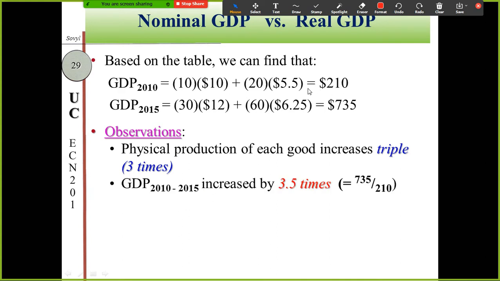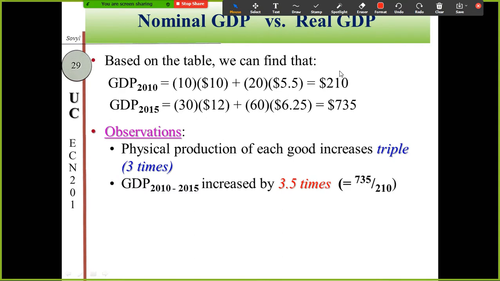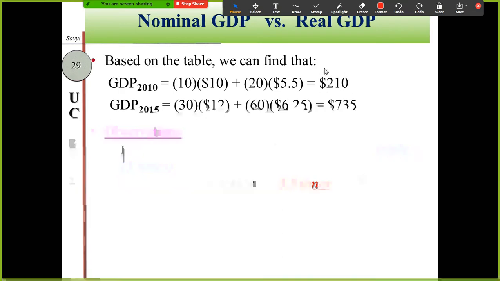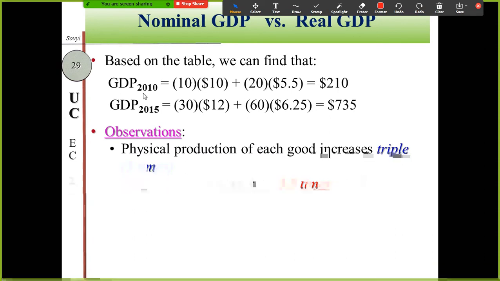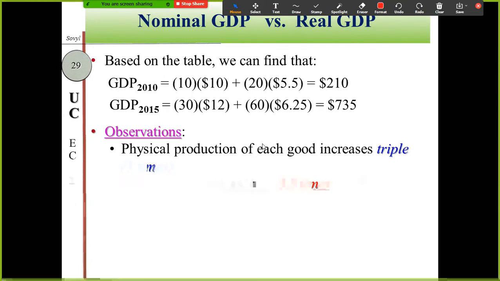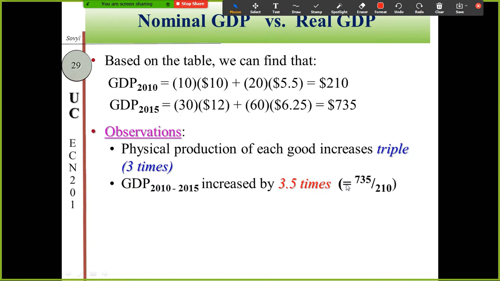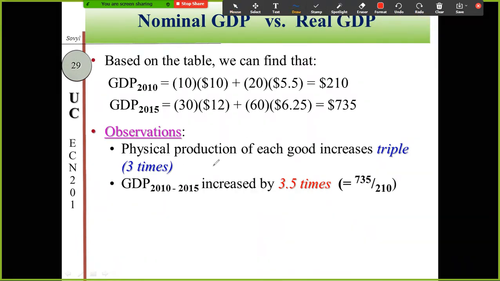But if we compare the GDP, the total market value of pizza and rice together, between 2010 and 2015, we can see 3.5 times. By taking GDP 2015 divided by GDP 2010, you can see 3.5 times. So this is a problem.